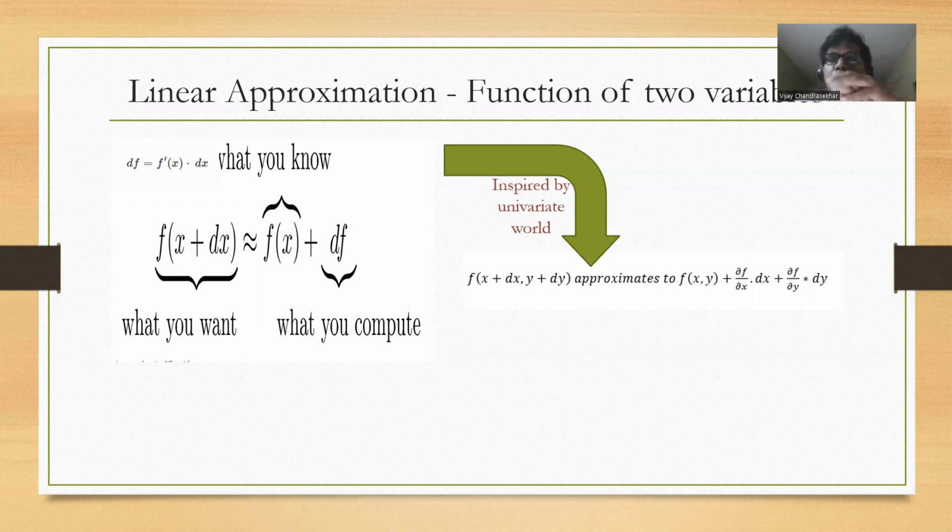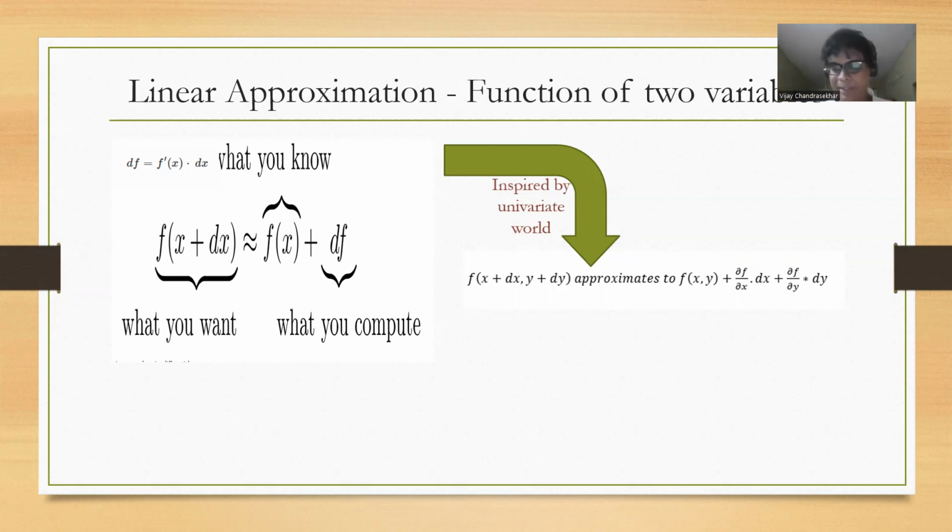Now, if you go back to our discussion on univariate calculus, and when we did approximation, in the previous session, we also discussed a scenario where we introduced the second order expression from the Taylor series.